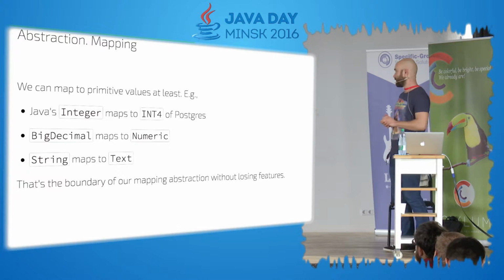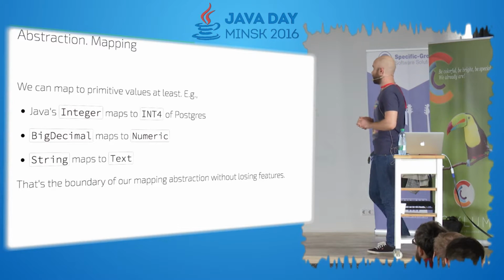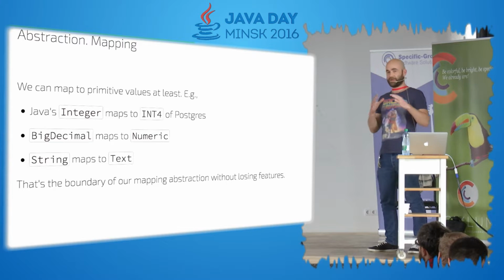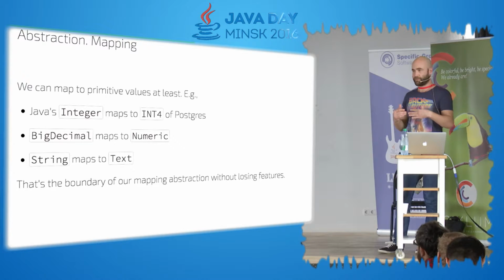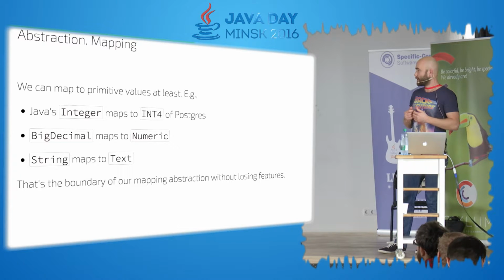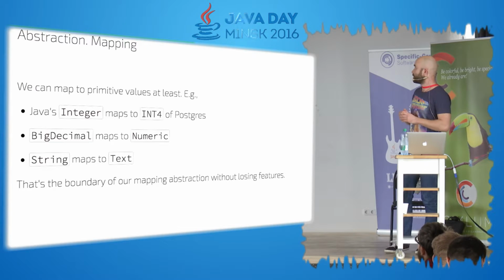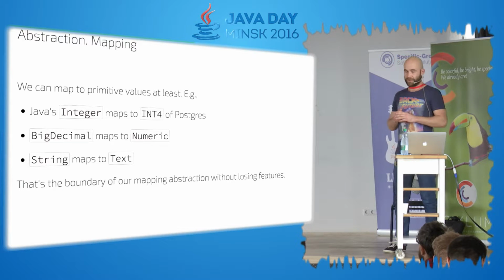So, getting back to the problem of abstraction, we need to find the boundary at which we should stop abstracting, at least while solving the problem of mapping of values.